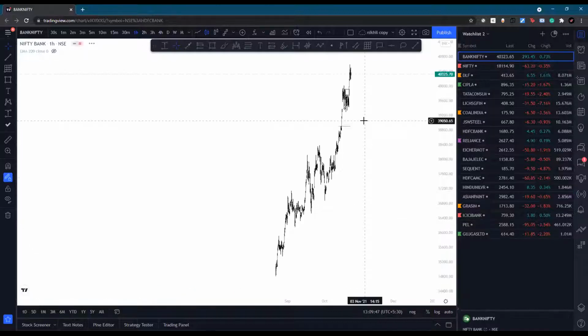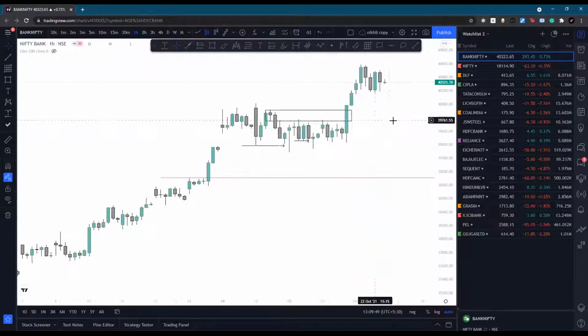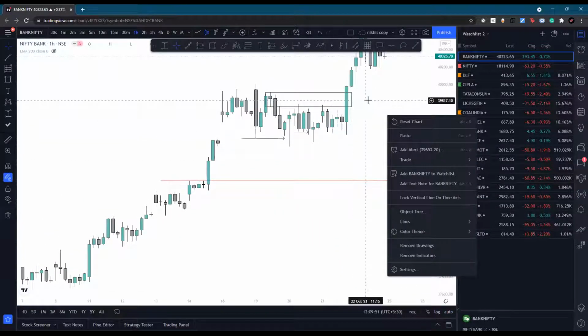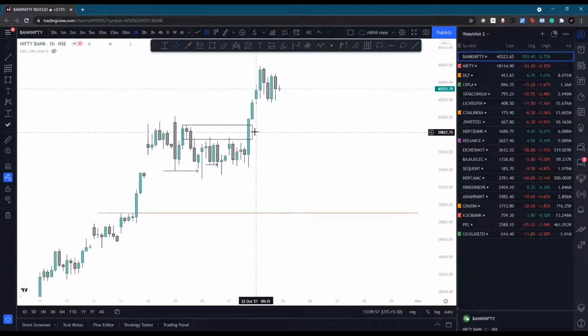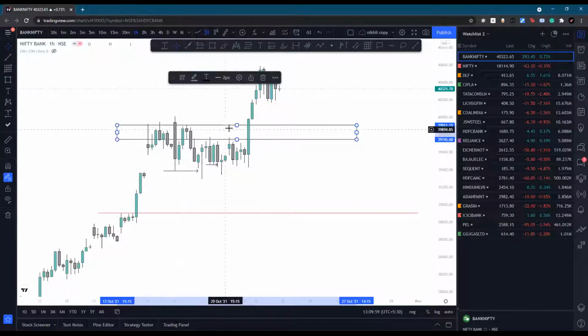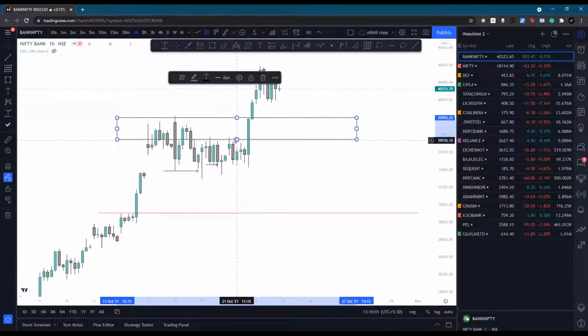And Bank Nifty, I guess it's super bullish, even though we have the results of Axis Bank too. We have this demand as support here.